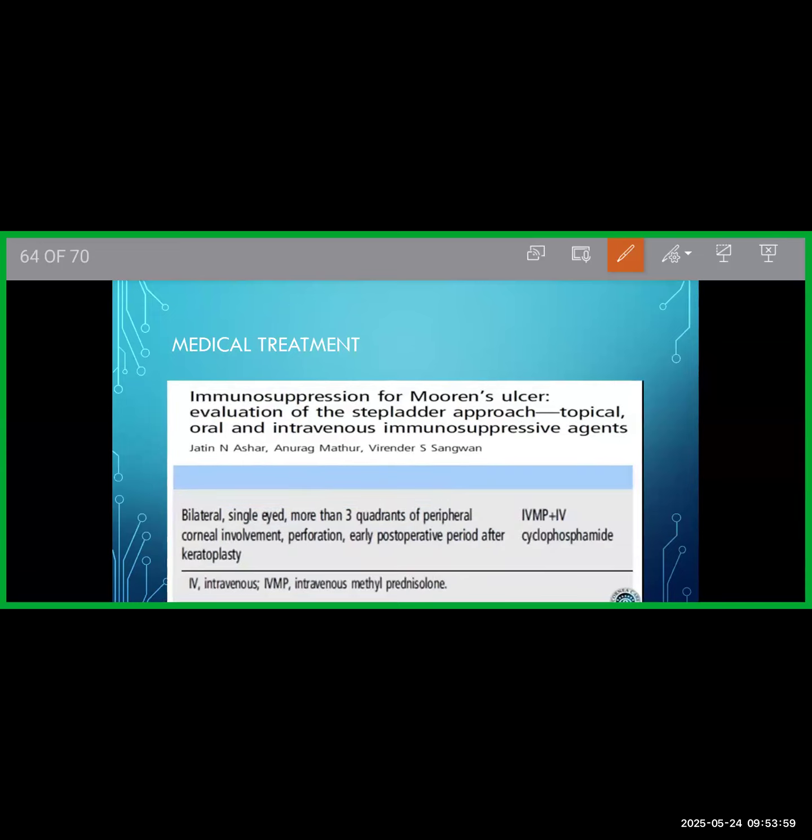Then for those that have bilateral disease, or those that have a single eye with more than 3 quadrants of peripheral corneal involvement, perforation, or in the early postoperative period after keratoplasty, the patient should be placed on IVMP, intravenous methylprednisolone, and intravenous cyclophosphamide. So this is a stepladder approach that was proposed by Jackson and Ito for the management of Mooren's ulcer.